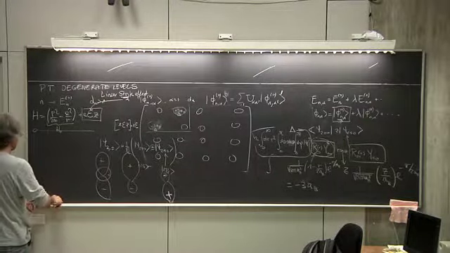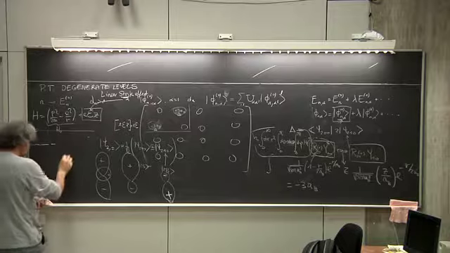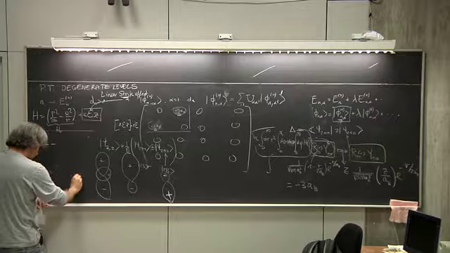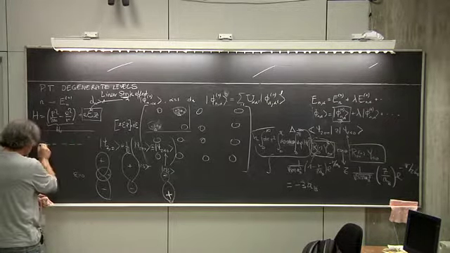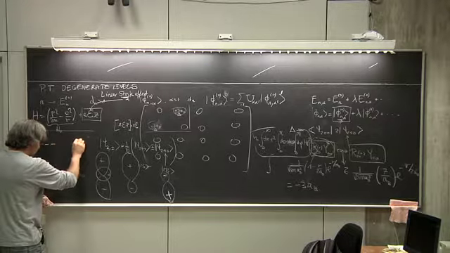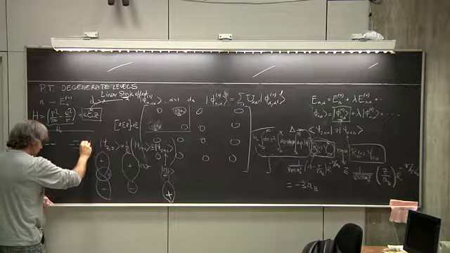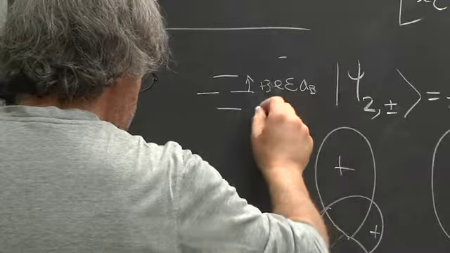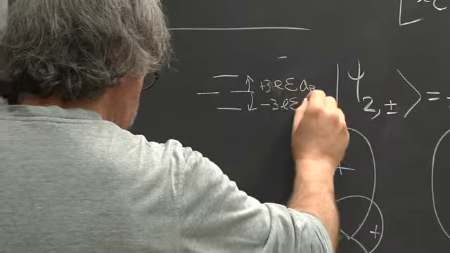In absence of electric field, you have these four states like this. You turn on E, so this is epsilon equal to 0. You turn on now epsilon greater than 0, and you have two at the same level here, one above and one below. This is above by plus 3 e epsilon a_B, and this is below by minus 3 e epsilon a_B.